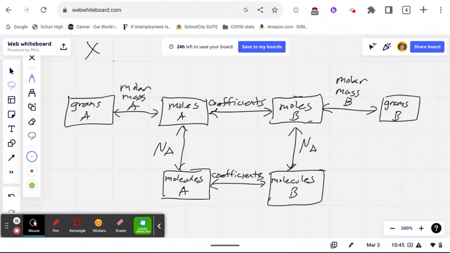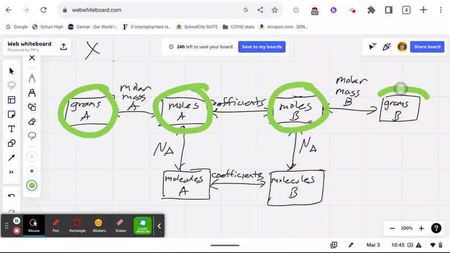Grams of A, moles of A, moles of B, and grams of B, right? These represent different quantities, different things that you can measure or calculate. The A represents the substance that you're given in a problem. It could be a reactant, it could be a product. Whatever they give you in a problem, that's what A is. B is the substance you're looking for.